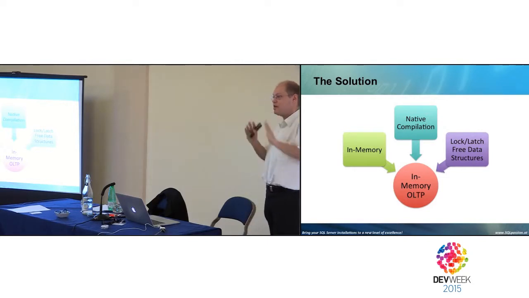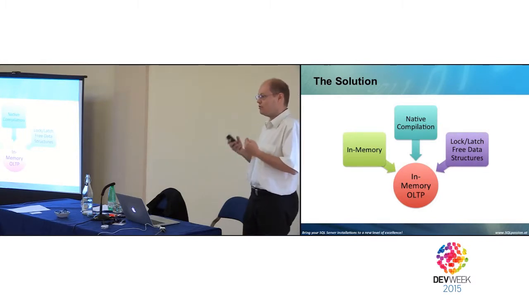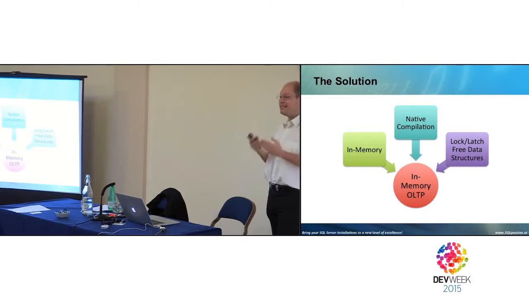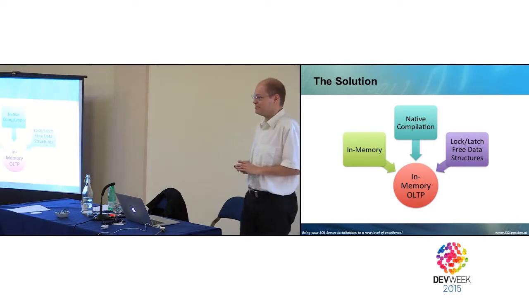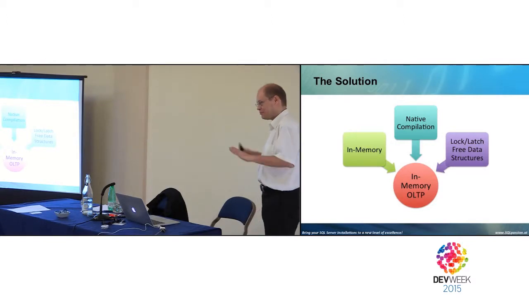Both new indexes are just data structures internally which allow optimistic concurrency without locking, blocking, and latching. So when we use those indexes, our workload can scale linearly. Okay? Sounds interesting? That was marketing.